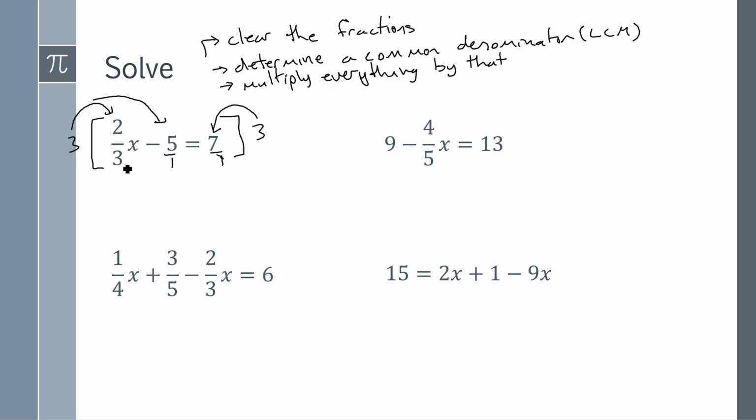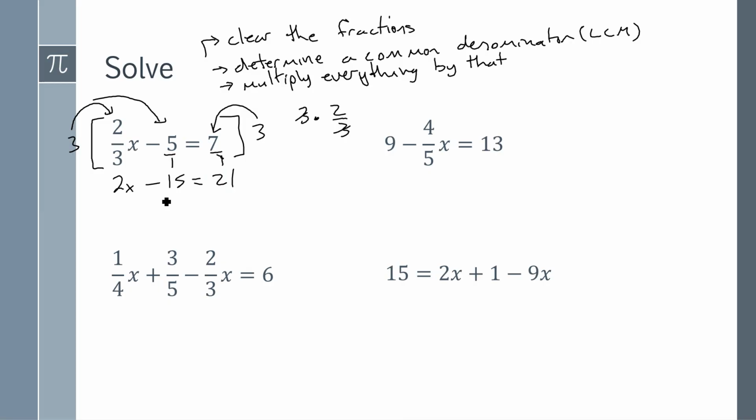So, when I multiply, I'm not going to show this on all of them, but I'll show it right here. I'm essentially saying 3 times 2/3. And do you see what happens? The 3's cancel, and I have 2 left. So that gives me 2x minus 3 times 5 is easy, that's 15, and then 7 times 3 is 21.